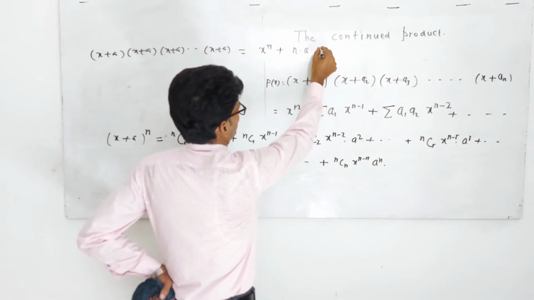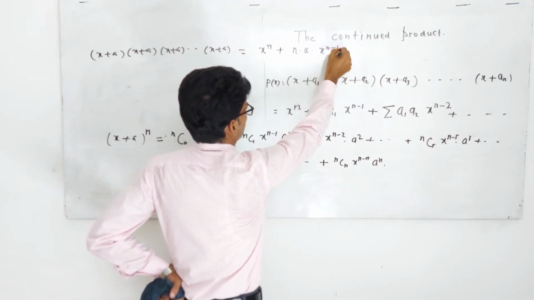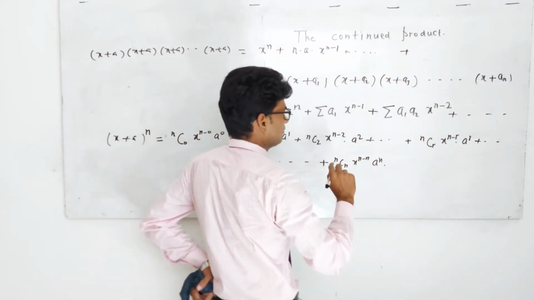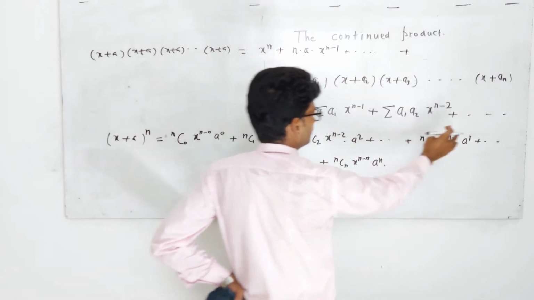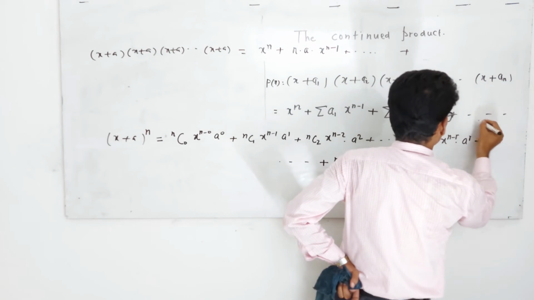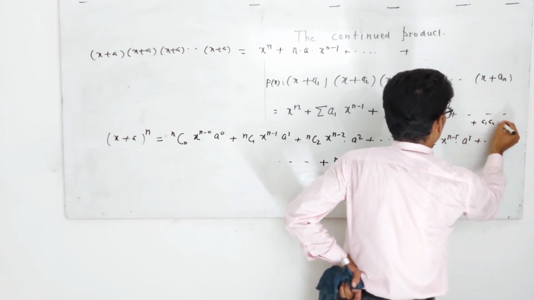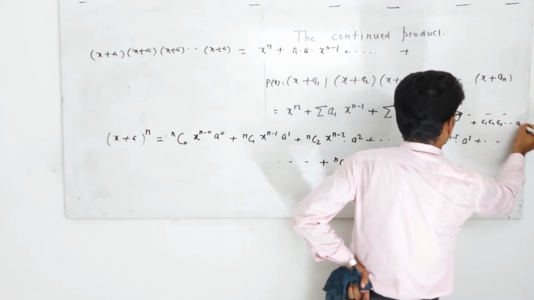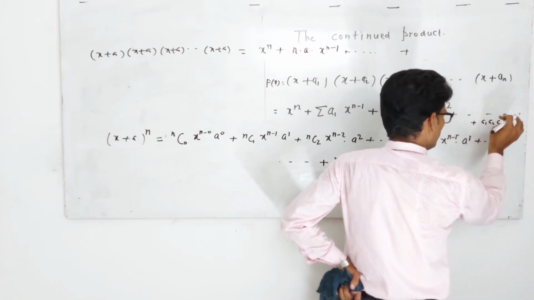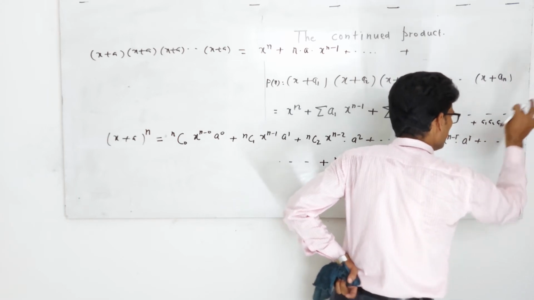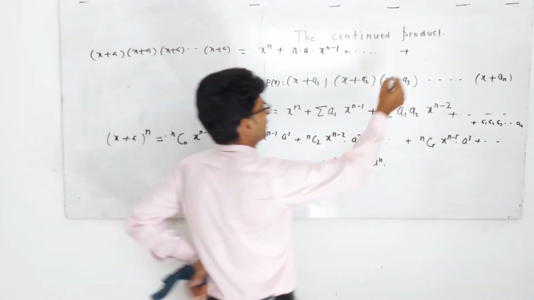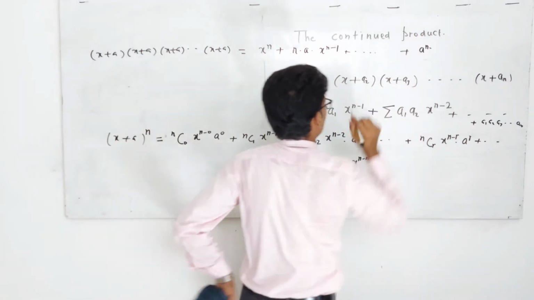And now x to the power of n minus 1 and so on and so forth up to here. Look at, so the last term is what here? The last one is a1, a2, a3 up to an. Okay, so a, a, a, a, and a, so it becomes a to the power of n.